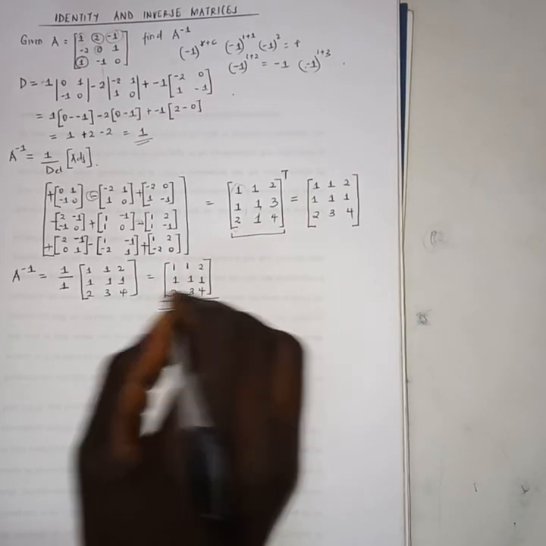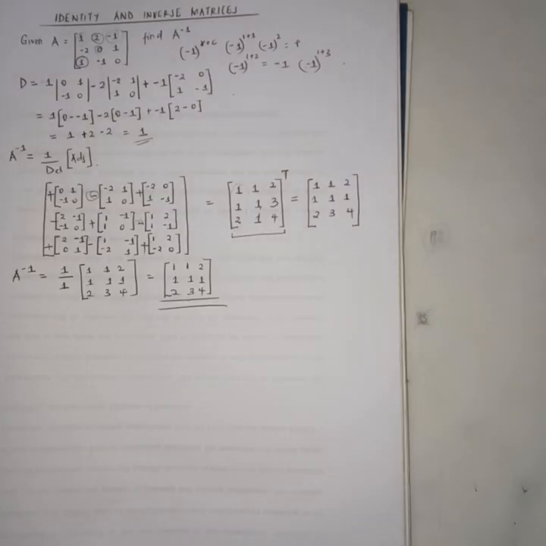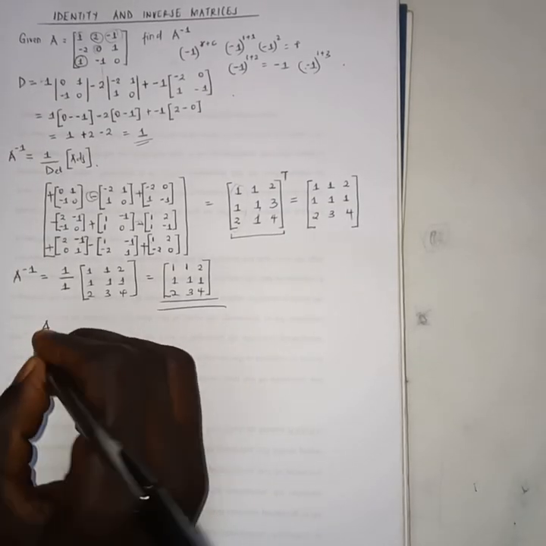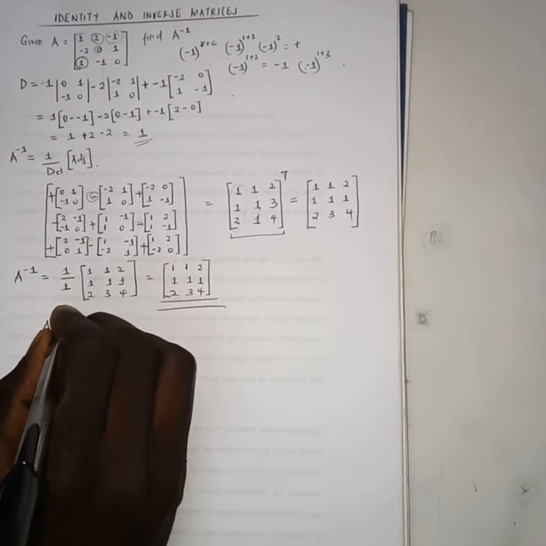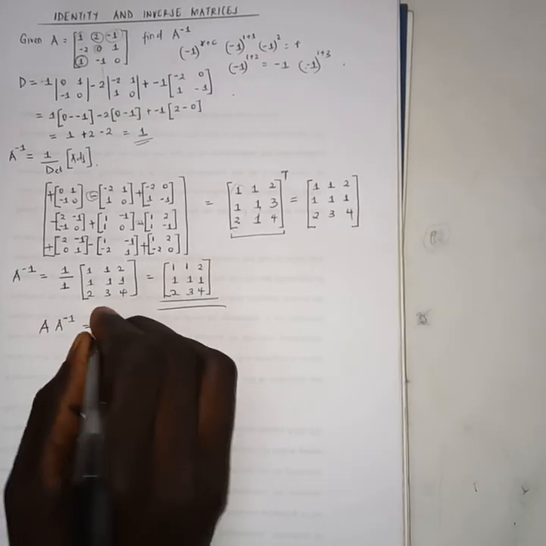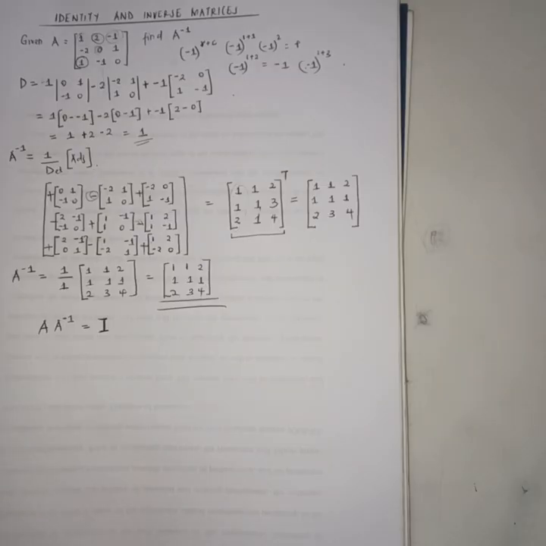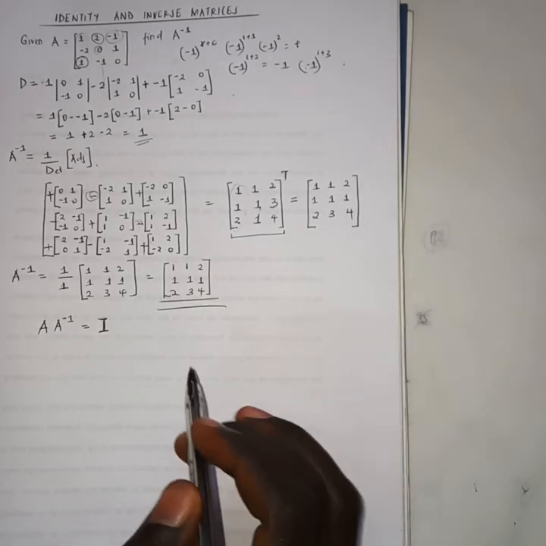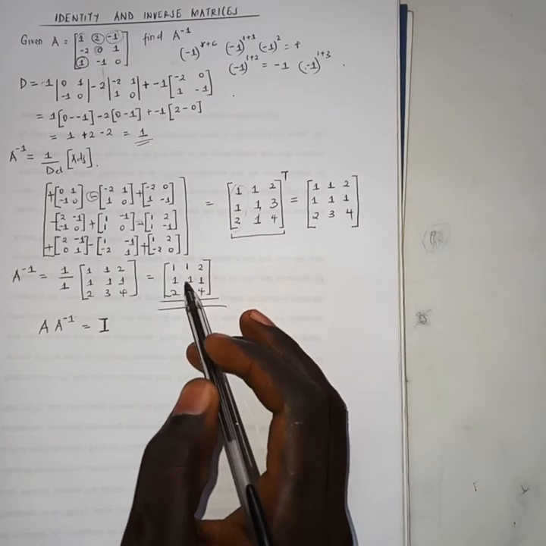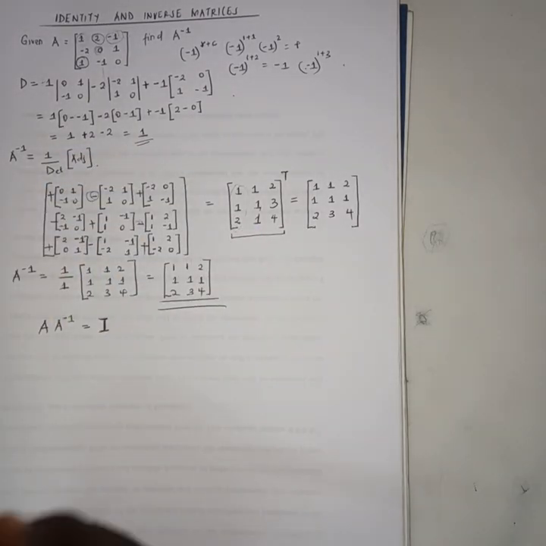So this is the inverse of that matrix, and for us to prove that we have the correct value of the inverse, we are going to multiply the matrix by its inverse, and we are going to get the identity matrix as the answer for you to prove that you are correct. So you are going to prove that the matrix that we are having here is an inverse by multiplying it by the original matrix.